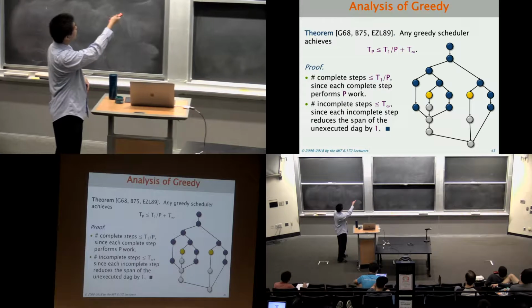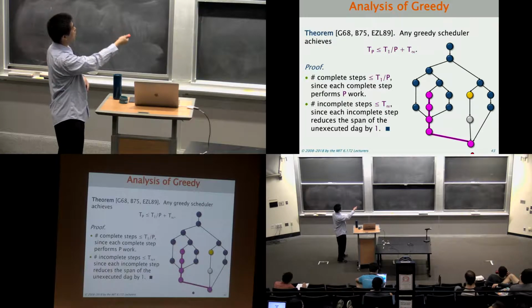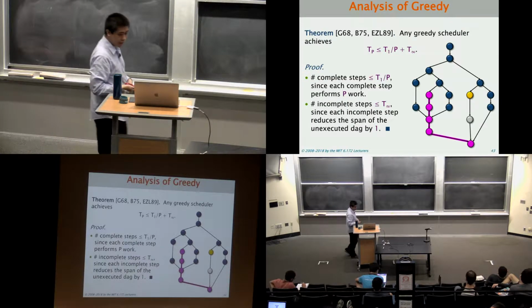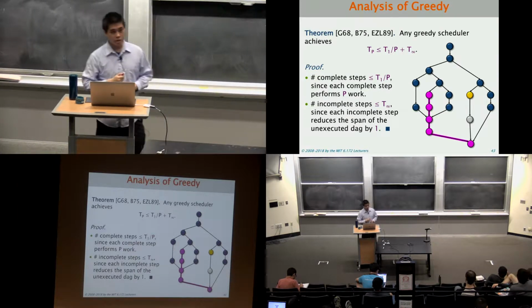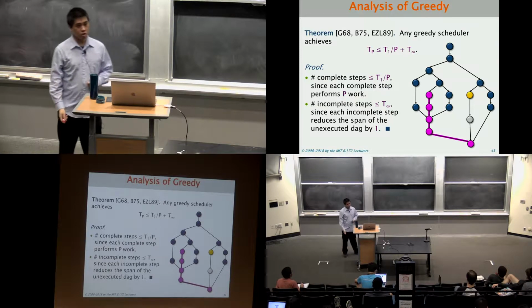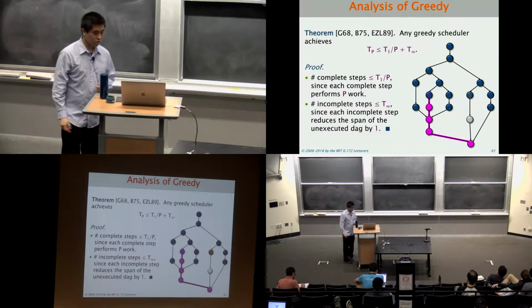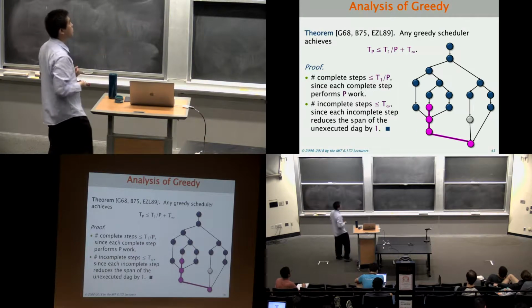Here, this is the span of our unexecuted DAG that contains just these 7 nodes. The span of this is 5. When we execute an incomplete step, we're going to process all of the roots of this unexecuted DAG, delete them from the DAG, and therefore reduce the length of the longest path by 1. So when we execute an incomplete step, it decreases the span from 5 to 4.